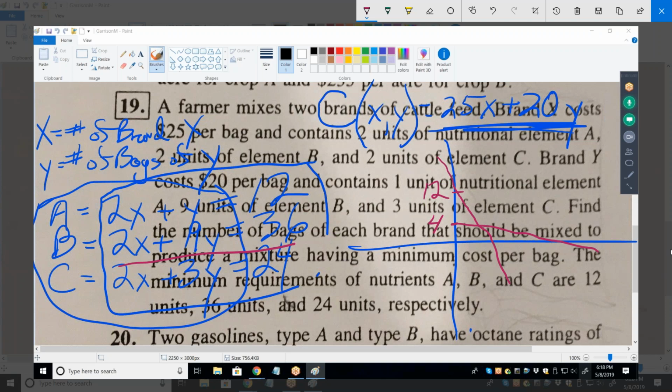And finally, if I graph the third one, I get y equals minus 2/3 x plus 8. That is a slope between these two slopes. That first slope was minus 2. What is this? 2/3. So this one, something like that.